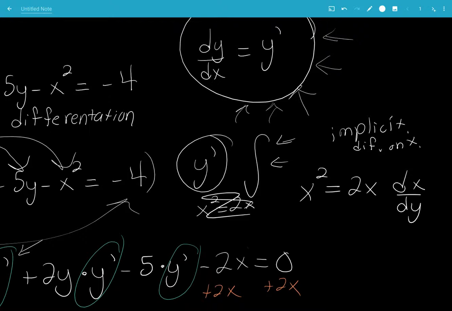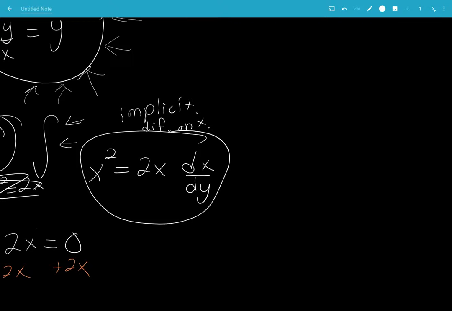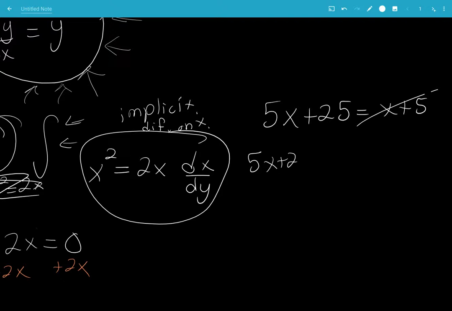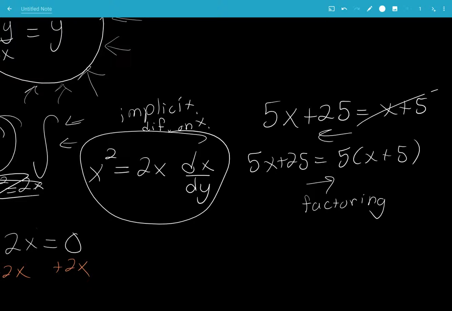Yeah. So what this does is it preserves the equality of mathematics in the same way that if I had 5x plus 25, I can't just say that's equal to x plus 5. That's not true. I would have to say 5x plus 25 is equal to 5 times x plus 5. I achieved this by going this way as factoring, and this way that's distributing.